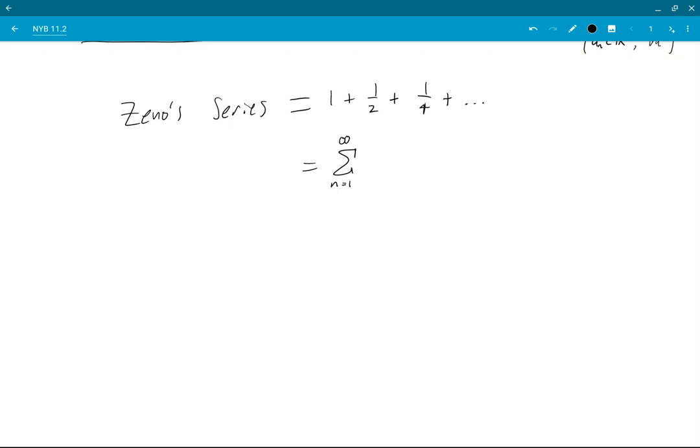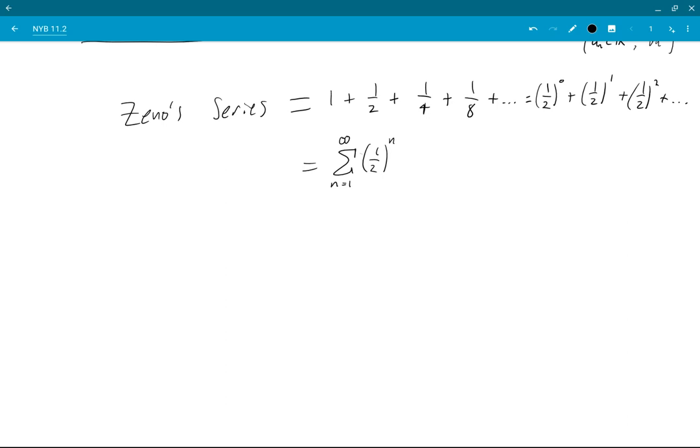Now, what do we have happening here? So this is a half to the power of 0 plus a half to the power of 1 plus a half squared, and so on and so forth. So in general, it's a half to the n.